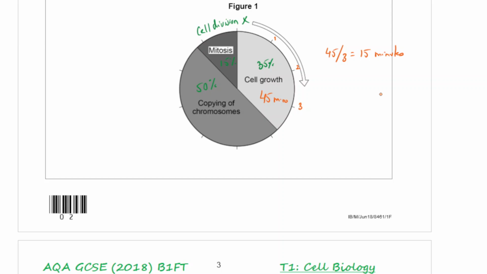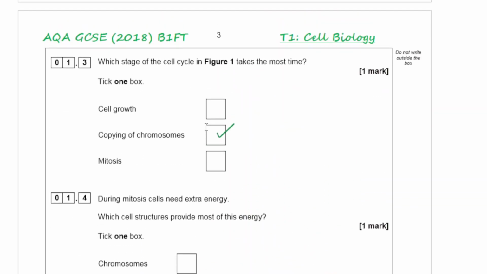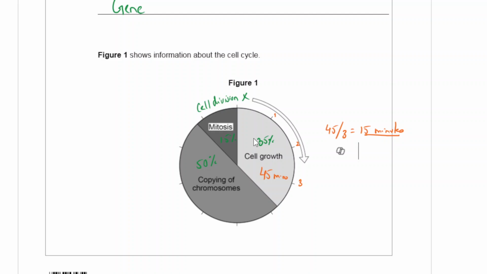So the question is asking the time taken for mitosis. That would be just 15 minutes here. So 45 plus 15 will give me 60 minutes in total.